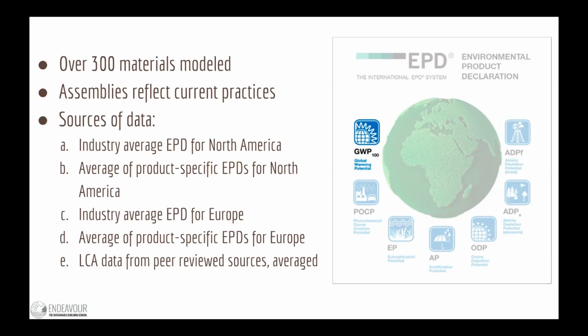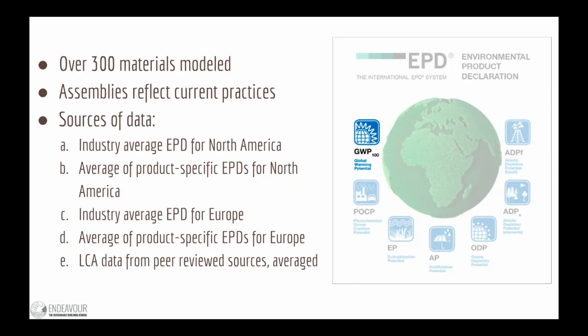And for my sources of data, wherever I could, I was using industry average EPDs for North America. If there were products that didn't have an industry average EPD, I found as many specific manufacturers' EPDs as I could, and I averaged those. If there was no North American data at all, I would look for an industry average EPD from Europe.